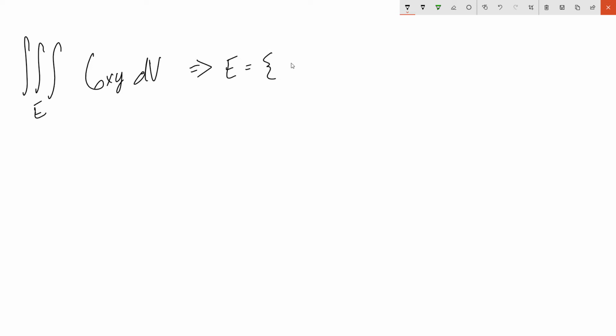But what's more important is what we're given as E. And they do give us bounds for E. We got x, y, z. And we are told E lies under the plane z equals 1 plus x plus y. So we know that that's going to be one of our z bounds, right? Our region isn't going to go beyond 1 plus x plus y.